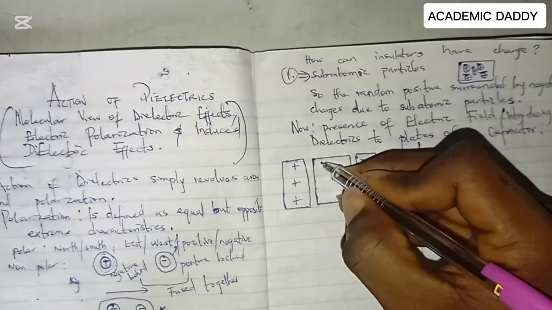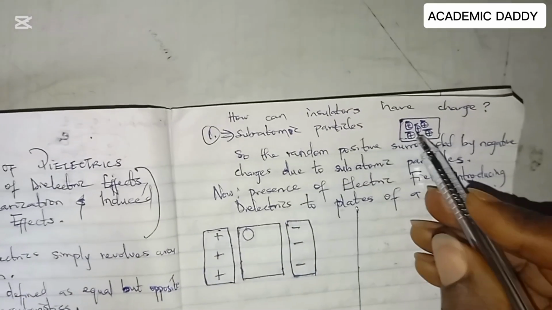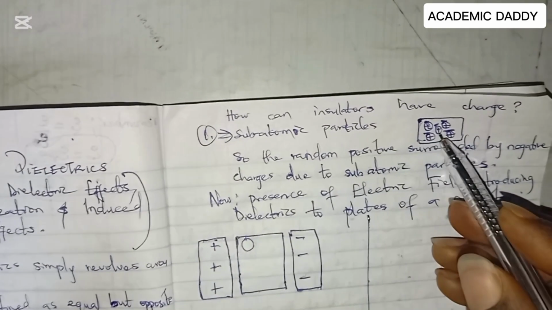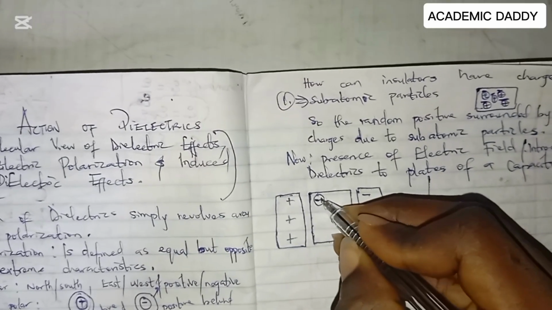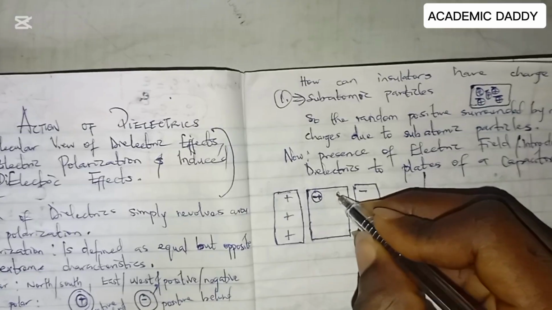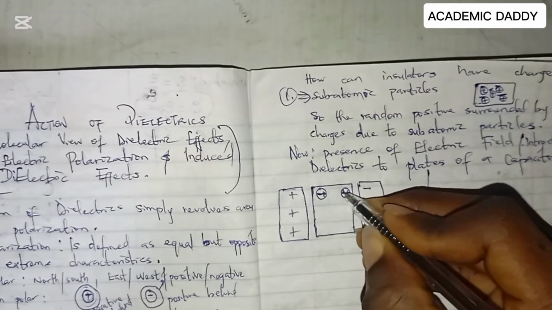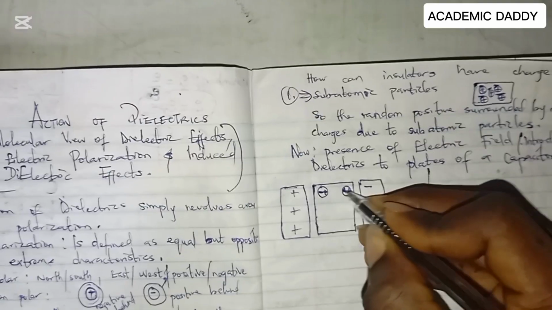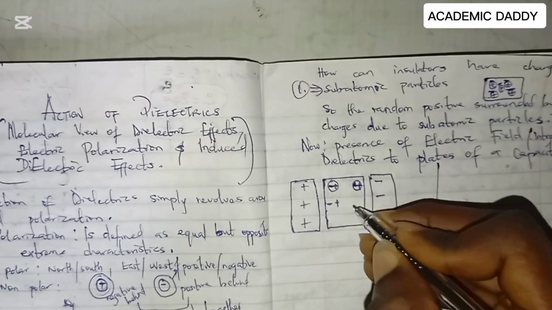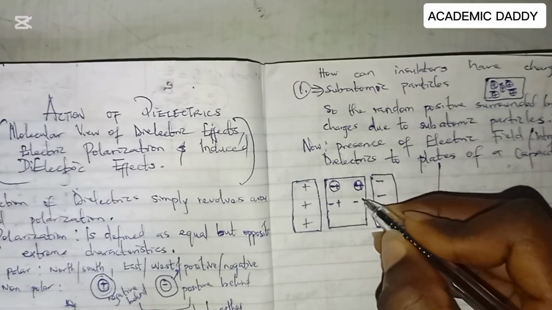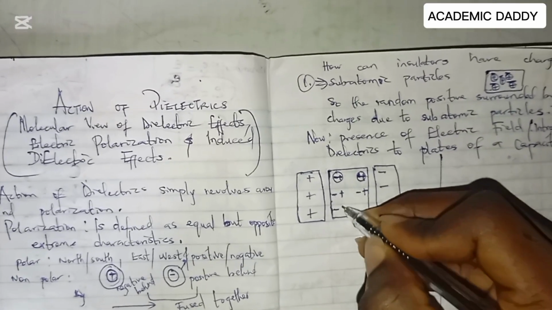What you experience is that those random charges will now come and say negative go towards the positive. It will be attracting it. So you see that the positive side will come towards the negative side. They will now have orientation. That's what it means. So you now have negative moving this side, positive this way, negative, positive going towards negative, then negative going towards positive.